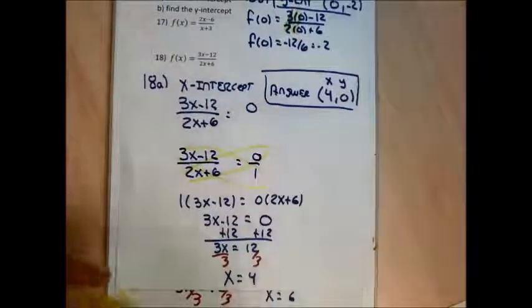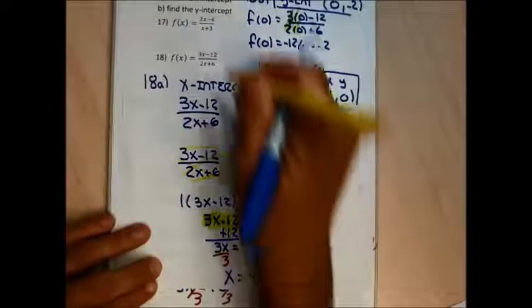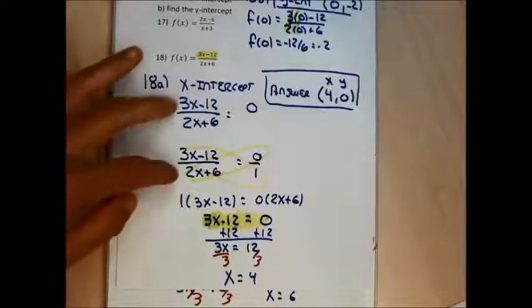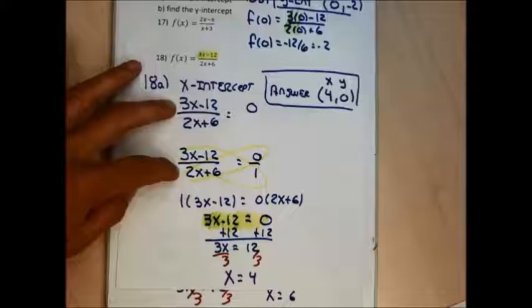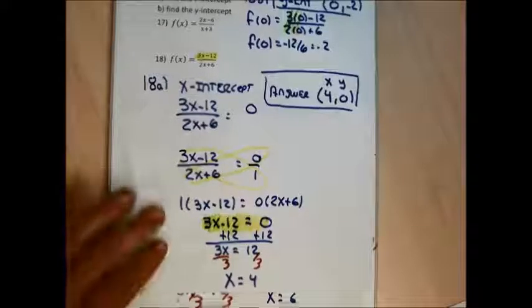In problem 18, the algebra that I did to find the x-intercept ultimately came down to setting the numerator equal to 0. That's the shortcut. To find an x-intercept of a fraction, you don't have to do this junk for cross multiplying. The shortcut is to ignore the denominator and set the numerator equal to 0. The cross multiplying will always work, but it will always take you to the same path.